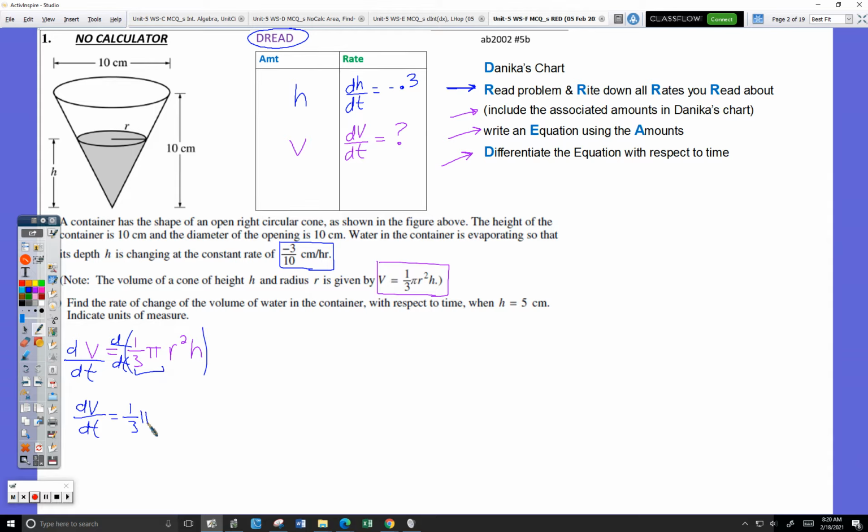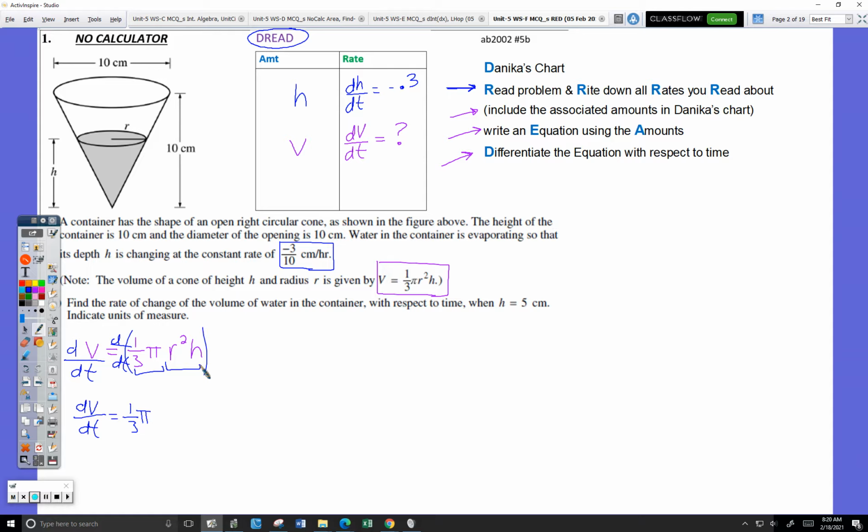Just say yes or no, please. As the water level is dropping, is the value of the radius constant or changing? Say it. Okay. As the water level is dropping, is the value of the height constant or changing? Say it. Awesome.